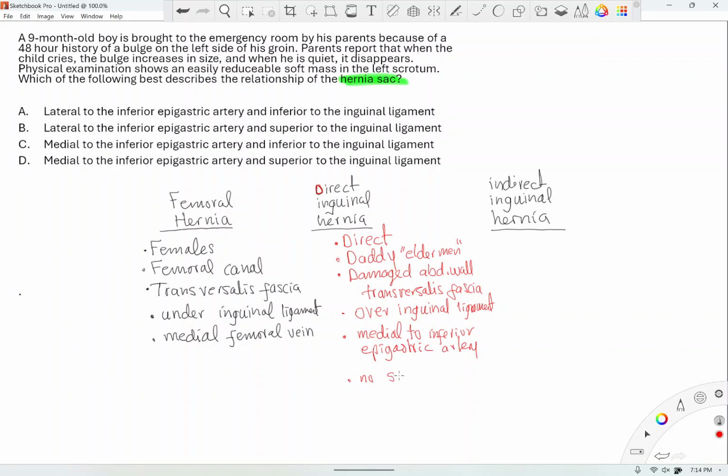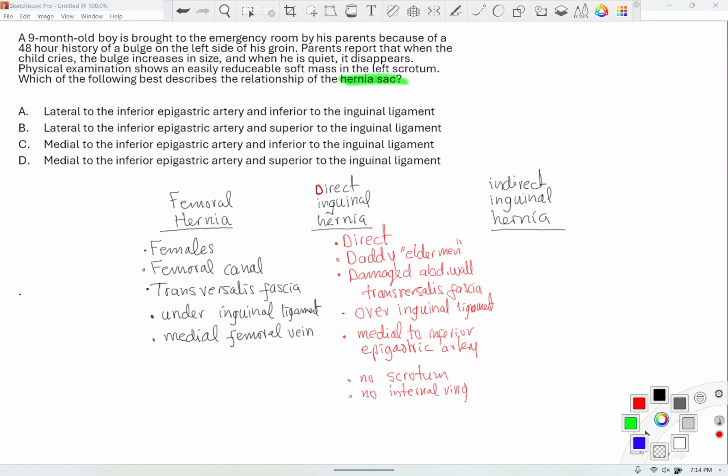No scrotum involved usually, just to differentiate between this and indirect. And it doesn't involve the internal ring. I should say never, not usually. Not involving the internal ring of the inguinal canal.